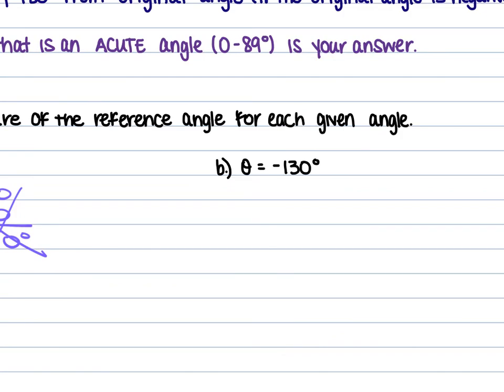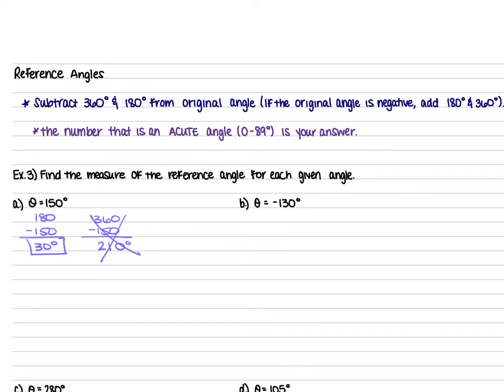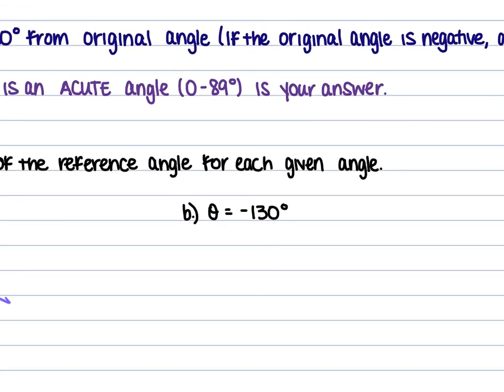For B, so what I failed to give you here is subtract 360 and 180 from the original angle. If the original angle is negative, you're adding 180 and 360. These are positive angles between 0 and 90.